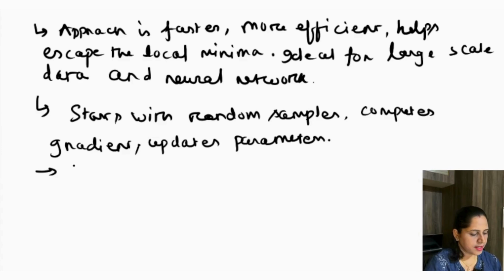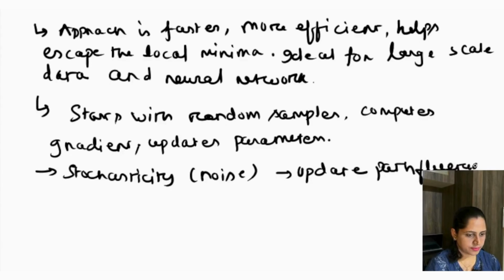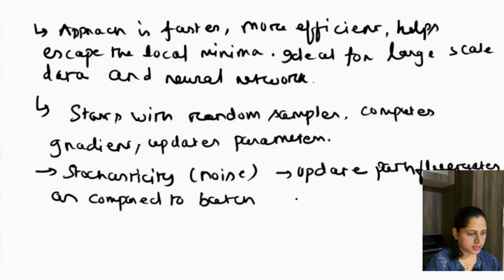Then stochasticity or noise is the one which plays a great role, because while updating the path, it fluctuates as compared to your batch gradient.